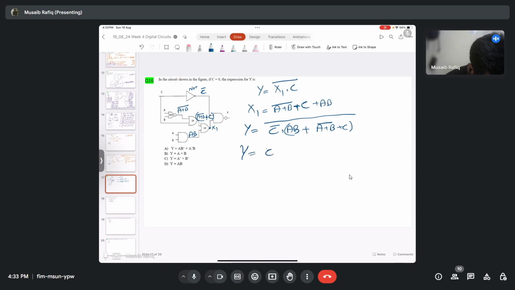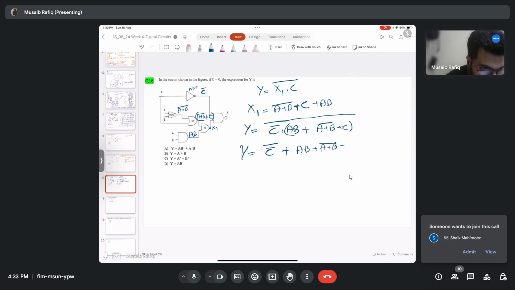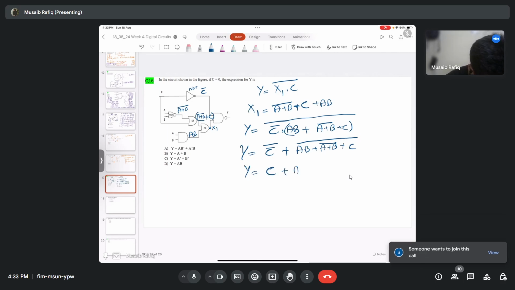Using De Morgan's law, y will be equal to C bar plus AB plus (A plus B) bar plus C, and so on.